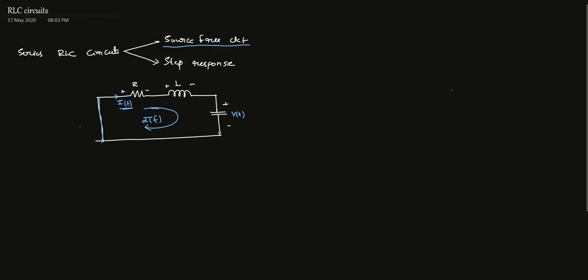So you can see here this is the source free circuit. That means there is no input voltage provided here, that is, input voltage equal to 0. So this is the condition for the source free circuit. Our assumption is this circuit is initially charged.